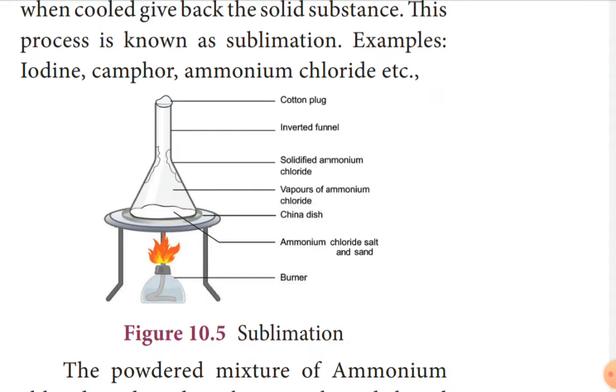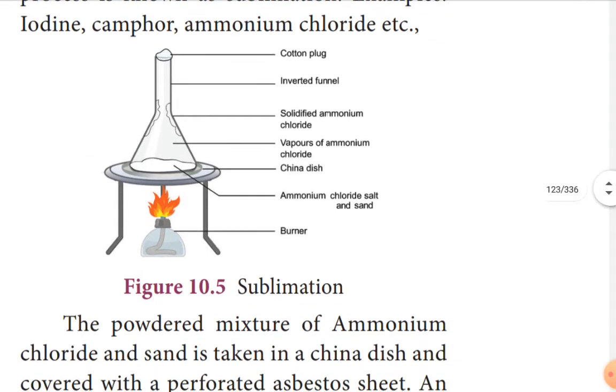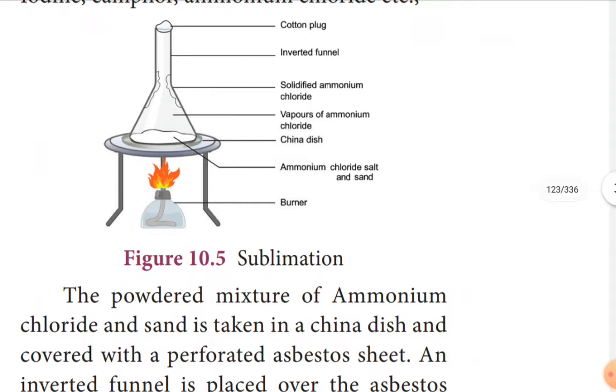So we are taking here a mixture of ammonium chloride and sand. Ammonium chloride is a volatile substance that can sublime, that can turn to gas, but sand will not turn to gas. So when these two are mixed, we can use the method of sublimation for separation.